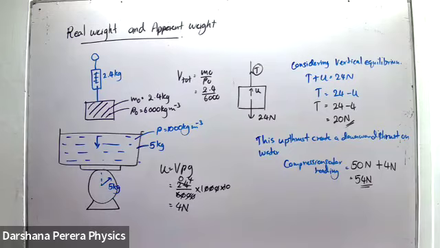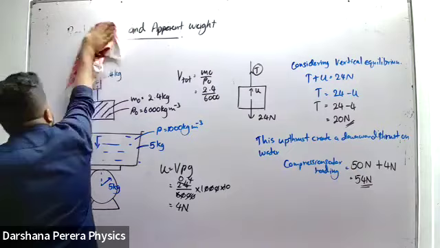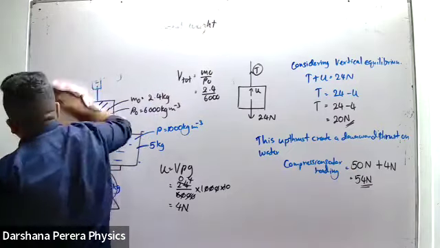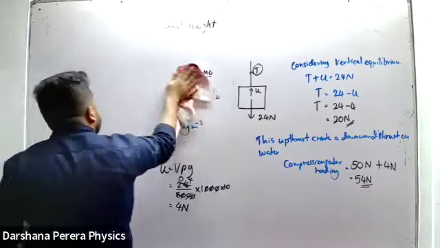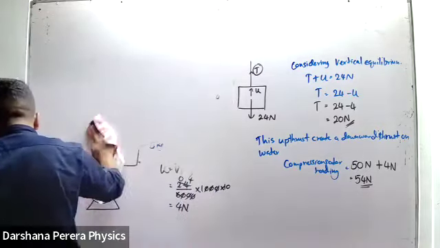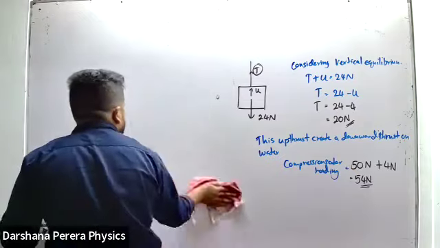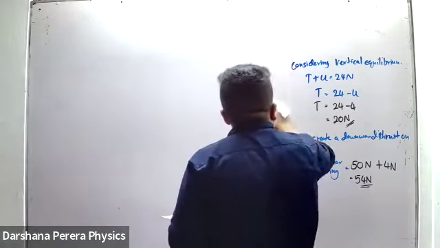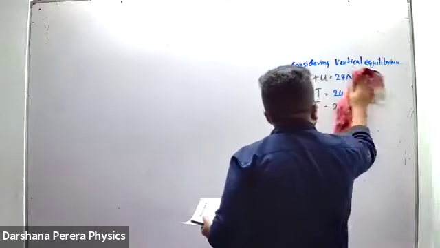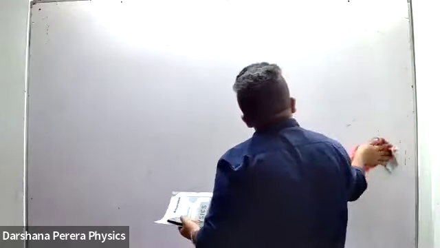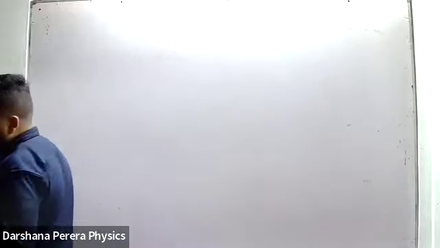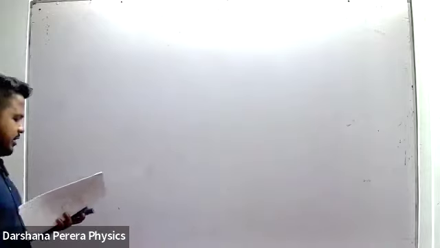Then write down the subtopic: taking an equation for specific density using Archimedes theorem.